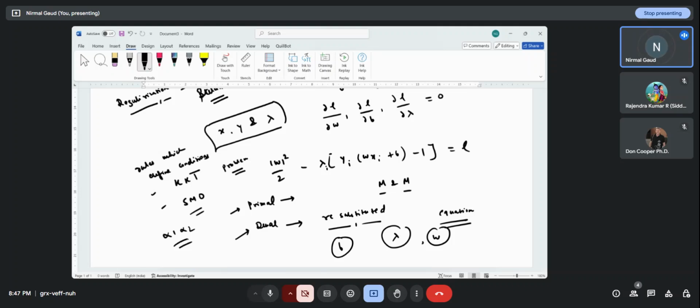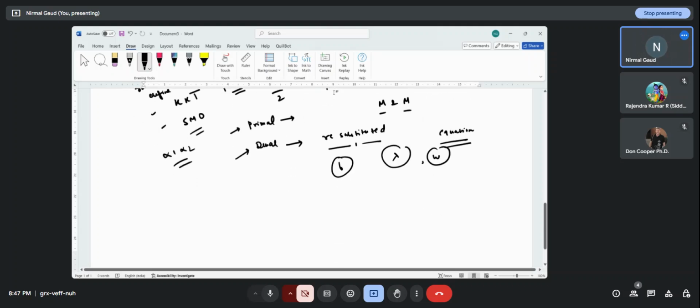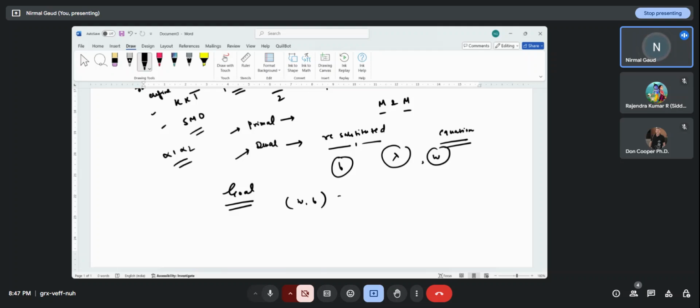And yeah, we did solve this particular thing, and that's the goal. Because once you got these parameters w, b, this w, b defines the hyperplane wx plus b equal to 0. That is the equation of hyperplane.